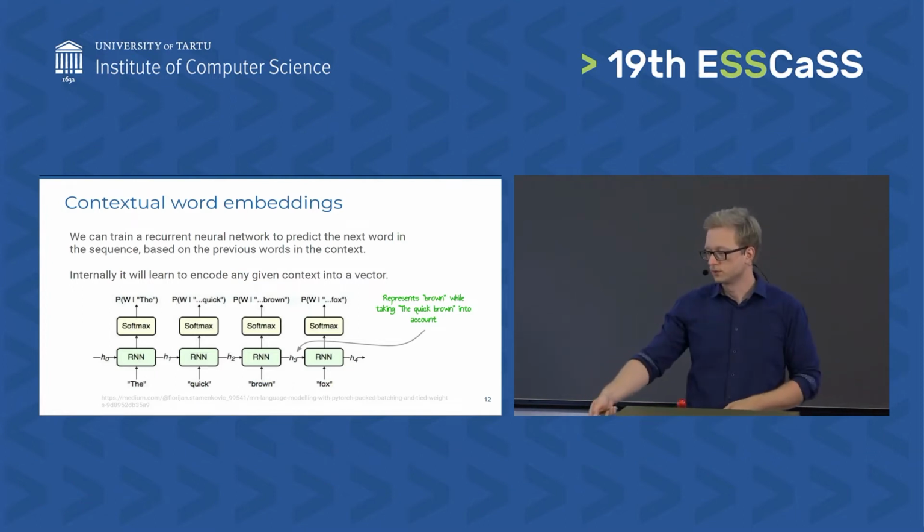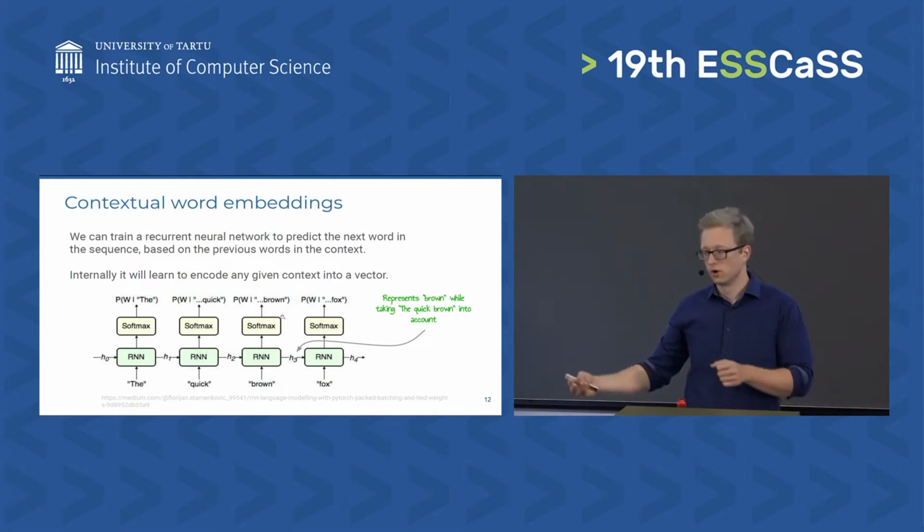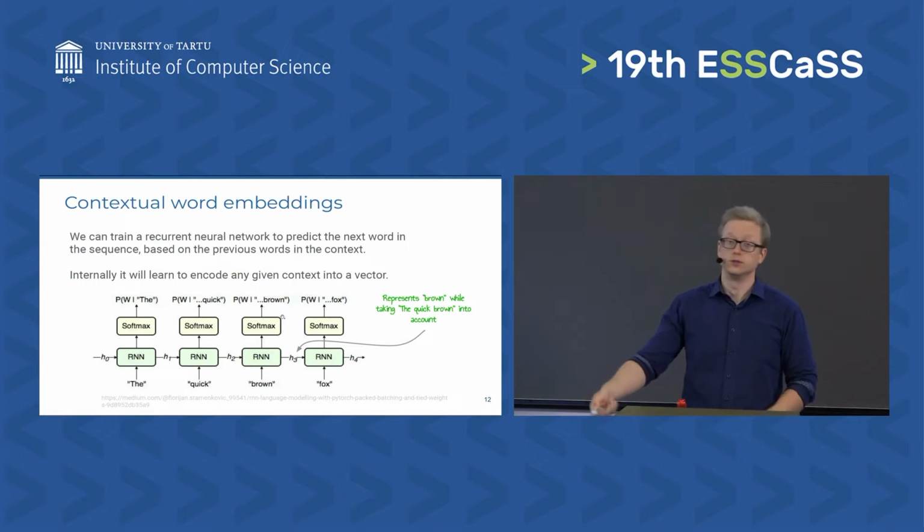It combines them together, and then it outputs two things. It outputs the prediction about the next word in the sequence, and it outputs a new vector representation of the context, which now includes the current word.